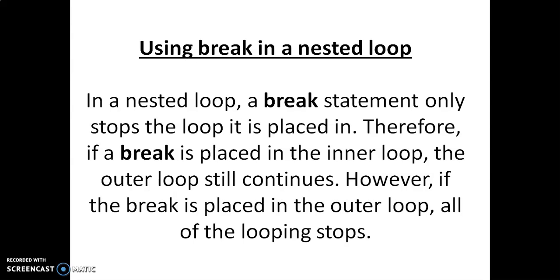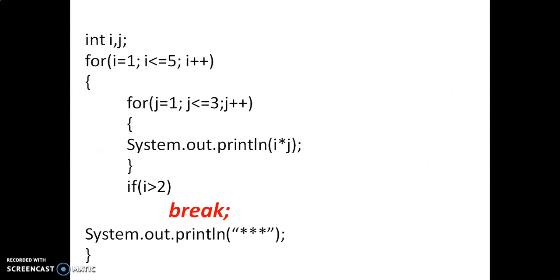Then the working of the inner loop stops from there, and the outer loop continues working. But when we place the break statement in the outer loop, all the looping stops. Here I have typed a part of the code, which we call a snippet.